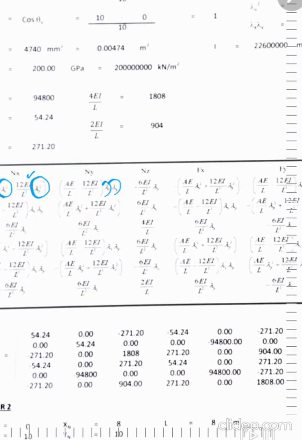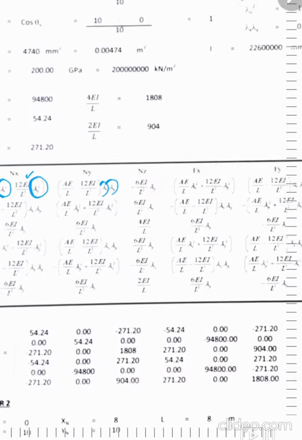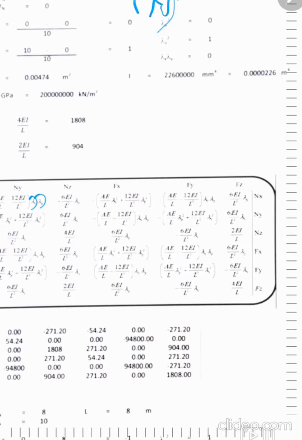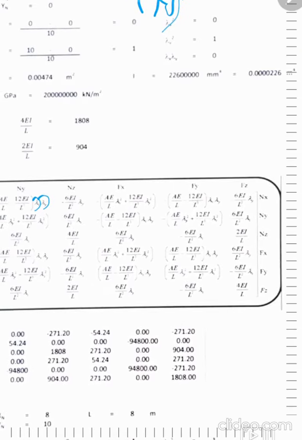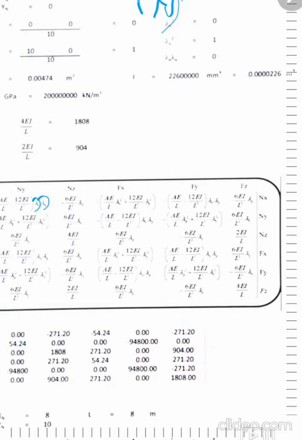In all cells of this matrix we have lambda x and lambda y, or some of them we don't have.